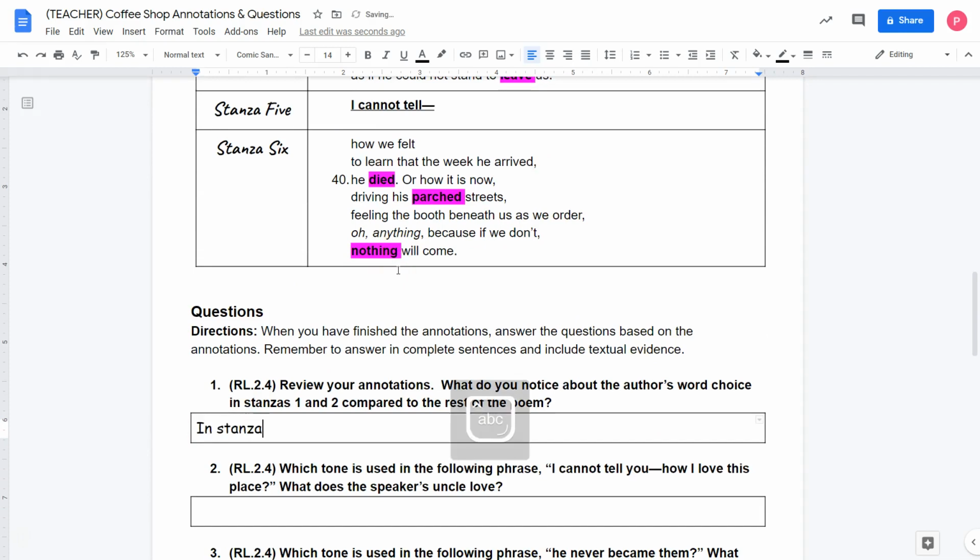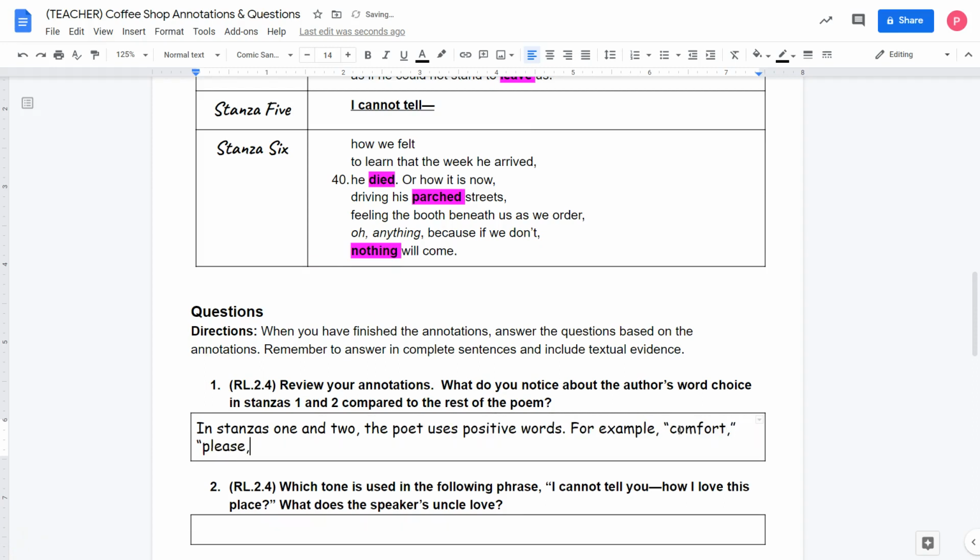In stanzas 1 and 2, the author uses positive words. For example, comfort, please, and how I love this place.